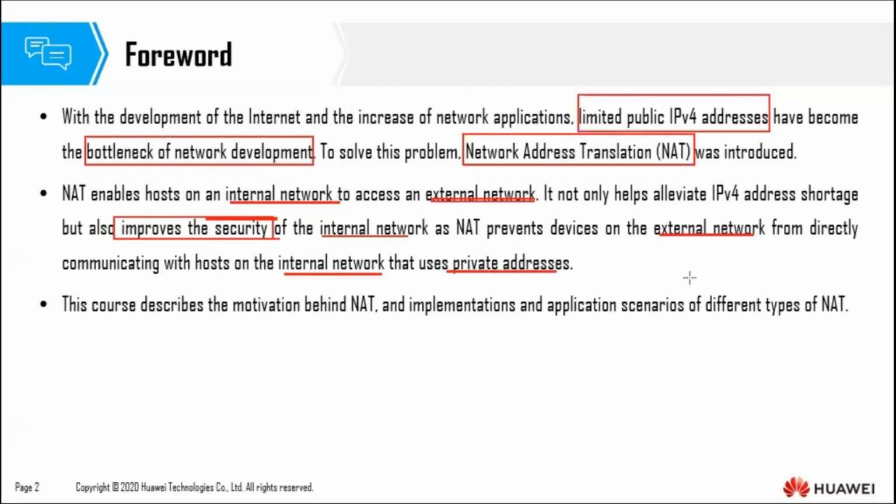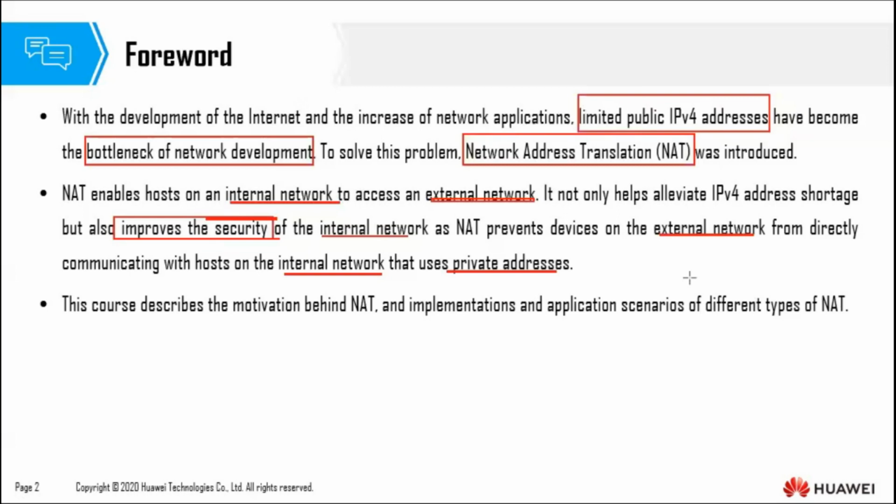That use private addresses. So in the internal network, we use private IP addresses. On the external network, we use public IP addresses. So people that are outside cannot communicate with people that are inside if we've not allowed them to do so, because they have to go through our router.